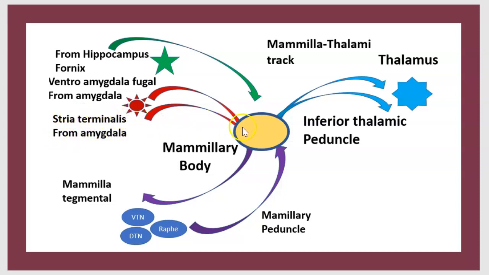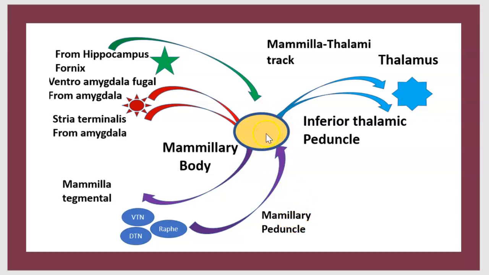From mammillary to the ventral tegmental nucleus, dorsal tegmental nucleus, and raphe, it's the mammillary tegmental tract. From the 3 nuclei to the mammillary body is the mammillary peduncle.